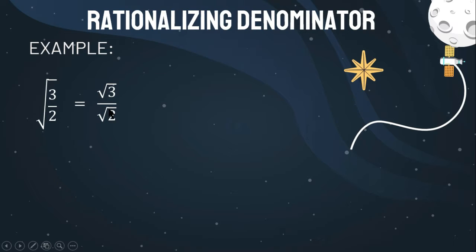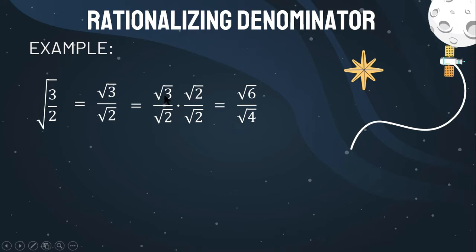Okay, the next rule: a simplified radical expression does not have a radical sign in the denominator. Since this has a radical in the denominator, we need to remove that by multiplying by square root of 2 in the numerator and the denominator, don't forget that, so as not to affect the value of the expression.